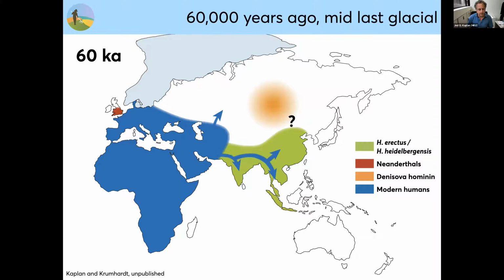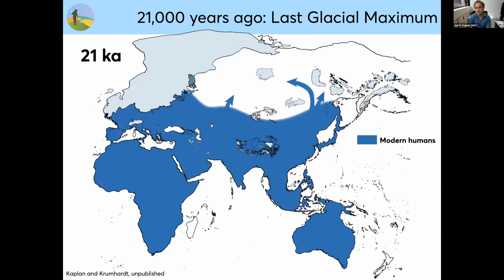And it marks at the same time the demise of all of the other hominin species, so that by 21,000 years ago, the period that we call the last glacial maximum, the period when we had the largest coverage of ice sheets in the world during the last glacial cycle, modern humans are present pretty much everywhere in the Eastern Hemisphere, with the exception of a few large islands like Madagascar and New Zealand, and probably the northern and easternmost reaches of Siberia.